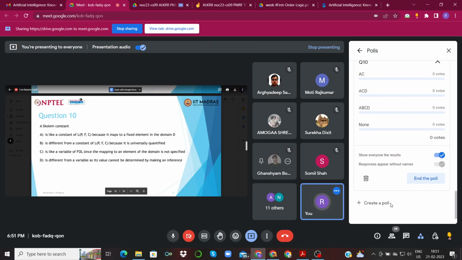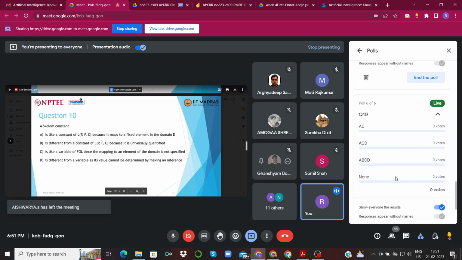Okay, so I've launched a poll as well. You can share your thoughts over there as well. Again, I'll give you a hint. Multiple options might be correct. Remember the definition of a Skolem constant, how we define or use a Skolem constant, and then you can answer based on that.